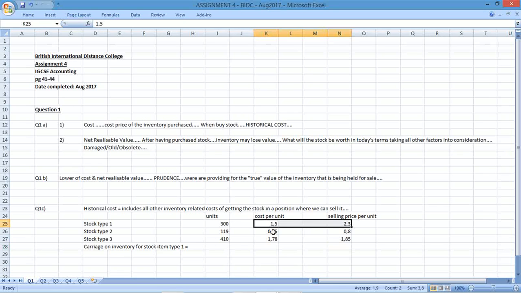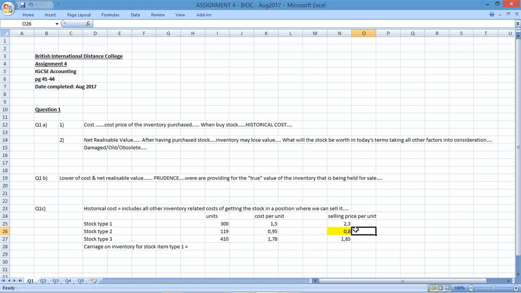So looking at this, we're looking at cost. You can see that in the first situation, the cost is lower than the selling price, so we can sell it at more than what we bought it for. In the second scenario, we're going to be selling this item at less than its cost price. And in the last scenario, we're going to be selling it at more.